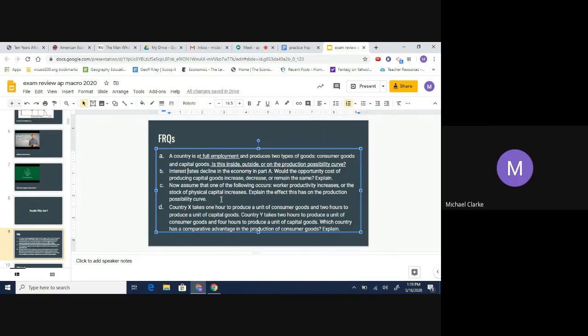Part B. Part B says interest rates decline in the economy in Part A. Would the opportunity cost of producing capital goods increase, decrease, or remain the same? So again, you've got to be able to dissect questions like this. And to me, an important phrase there is interest rates. And what's happening to interest rates? They're going down. Interest rates are declining.